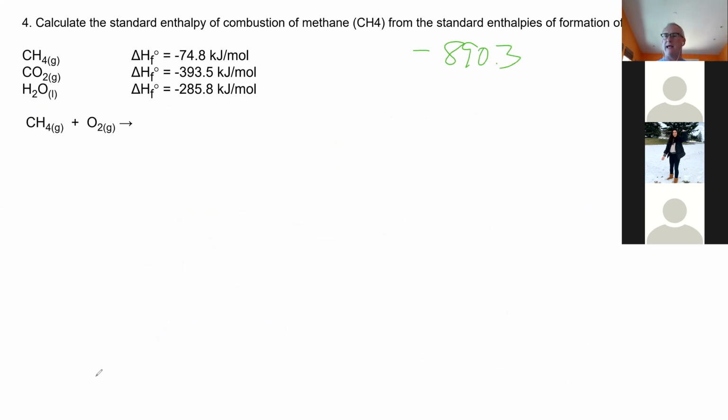Here's our reaction: CH4 plus O2 gives us CO2 plus 2H2O. What's the other way we can calculate this reaction? Do you remember there's a method? If we have the energy of formation of all our reactants and all of our products, what can we do?